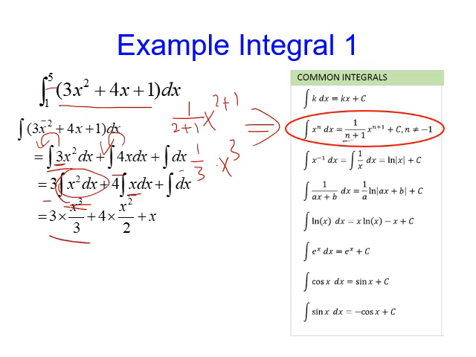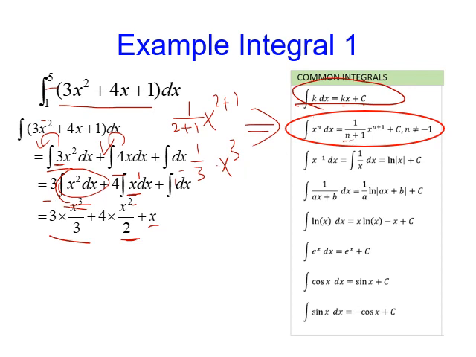Similarly, for the next term the power is 1, so 1 plus 1 is 2, to the second power. And for a constant, the integral of k dx is kx. So here, just 1 times x. That's the integration.